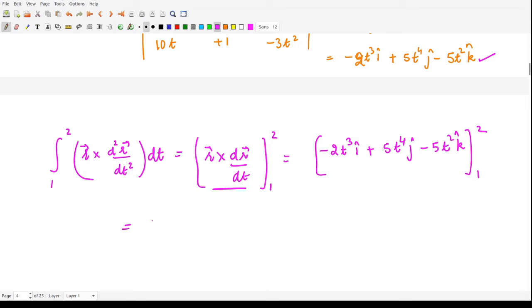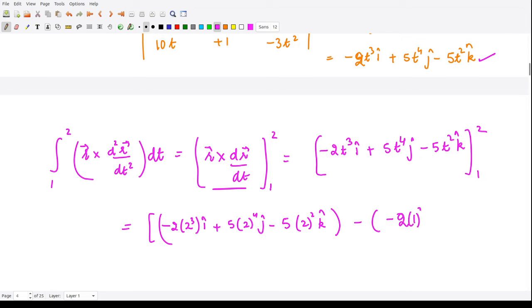So instead of t, firstly we'll write the value 2. So what do we have? We will have minus 2 into 2 cube i cap plus 5 into 2 to the power 4 j cap minus 5 into 2 to the power 2 k cap. This is the first vector, and the second vector would be minus 2 into 1 to the power 3 i cap plus 5 into 1 to the power 4 j cap minus 5 into 1 to the power 2 k cap.